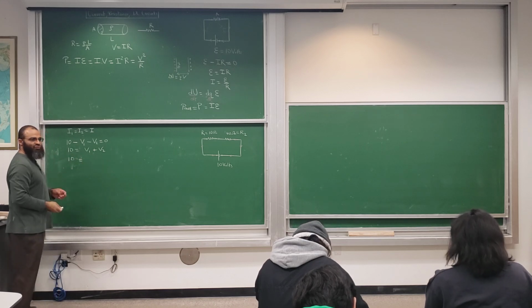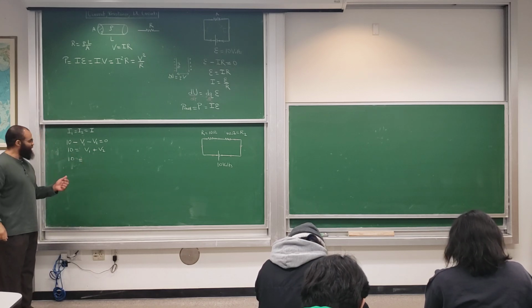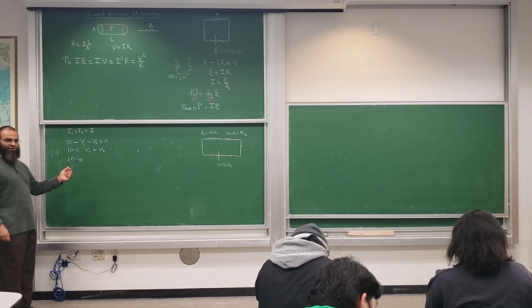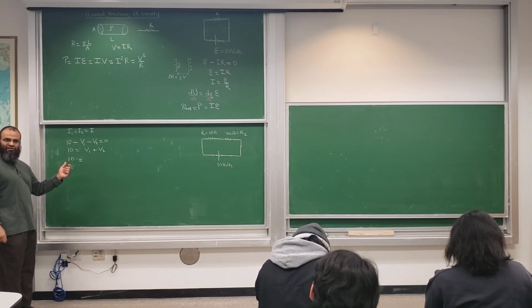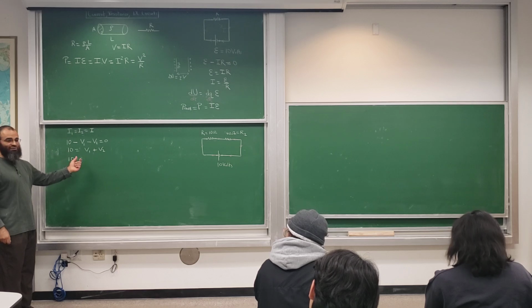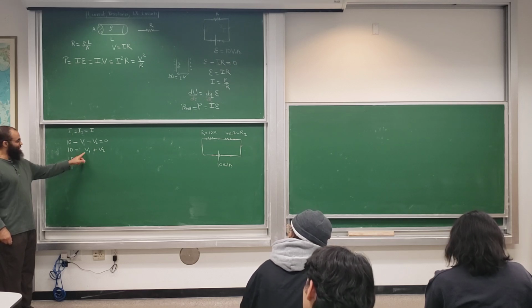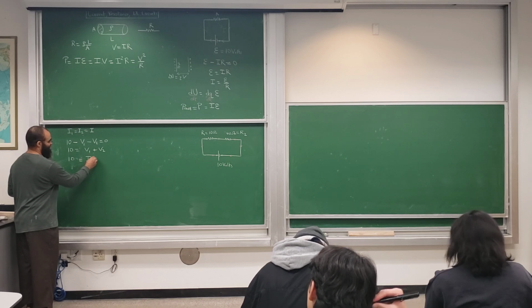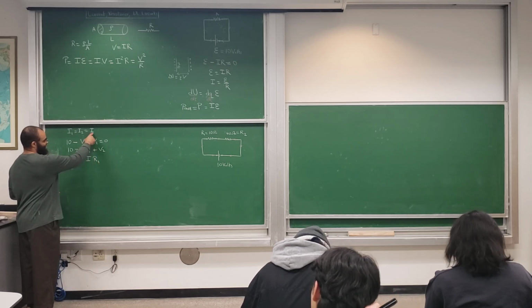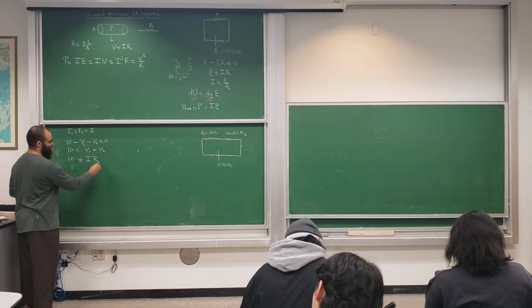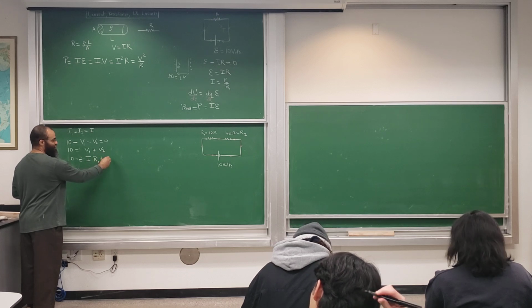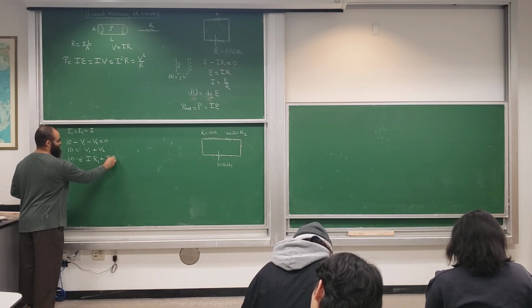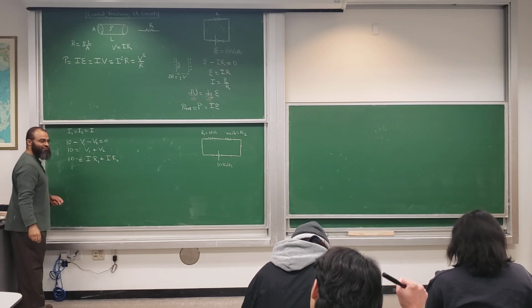But Ohm's law says what? The potential difference across a resistor is equal to the current through the resistor times the resistance of that resistor. So V1 is I1 times R1, but I1 is I, so I times R1. And for number 2, I2 times R2, so it's just I times R2.